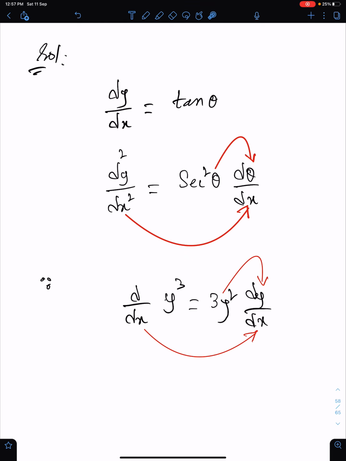Like this, because when we differentiate y cube with x, we always multiply our answer with dy upon dx. I mean, we write this thing here like d theta, so d theta, and x, so dx, as we used to do in this. We have y here, so dy here, and dx should be here.